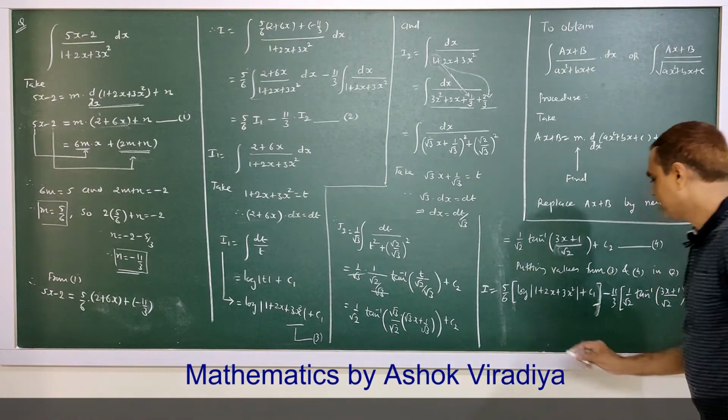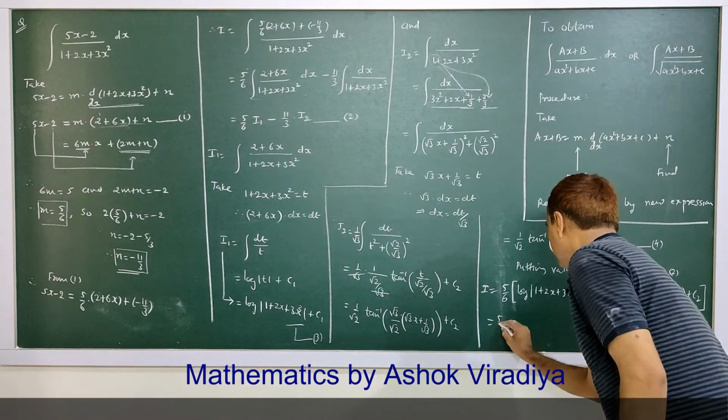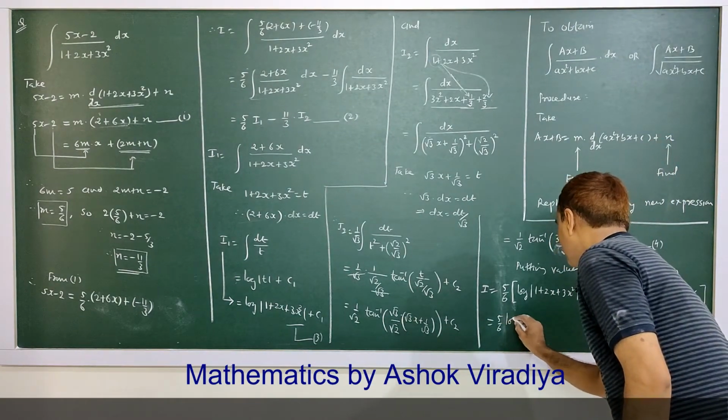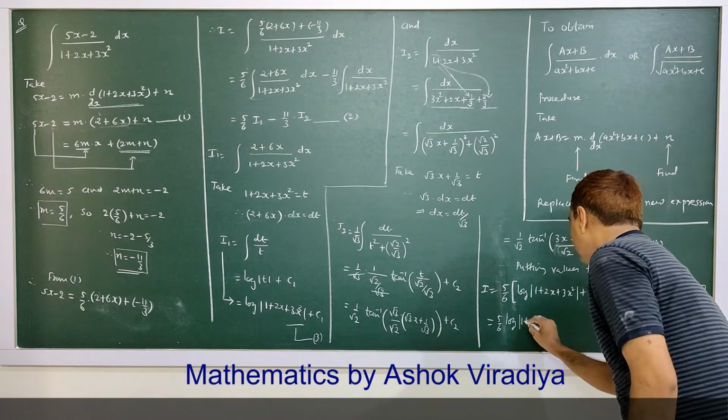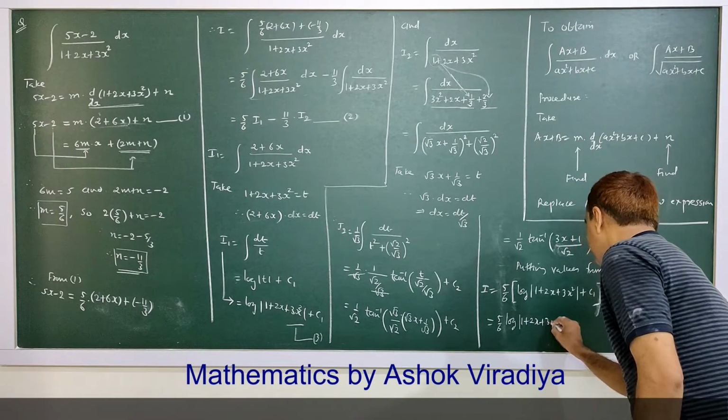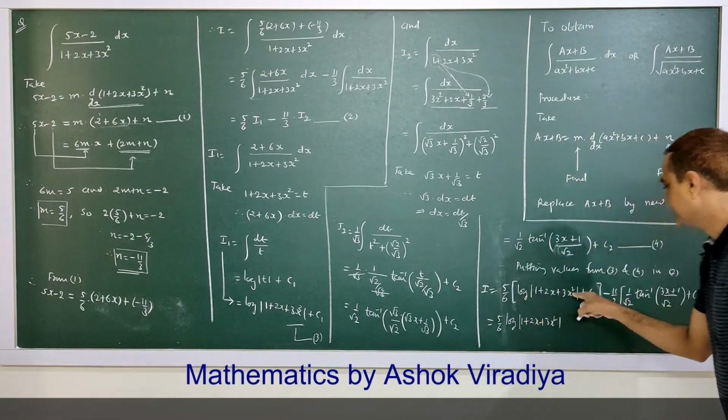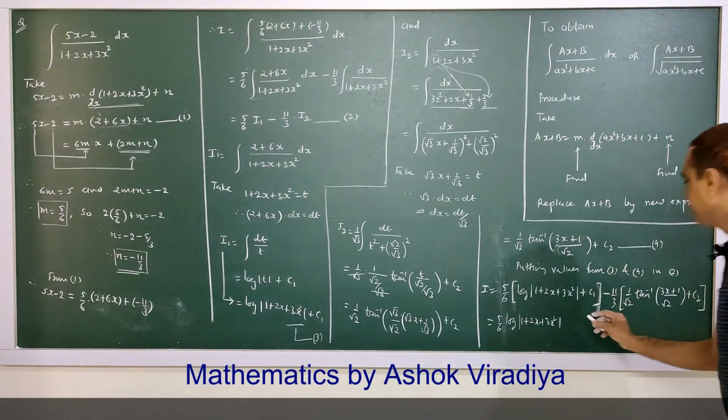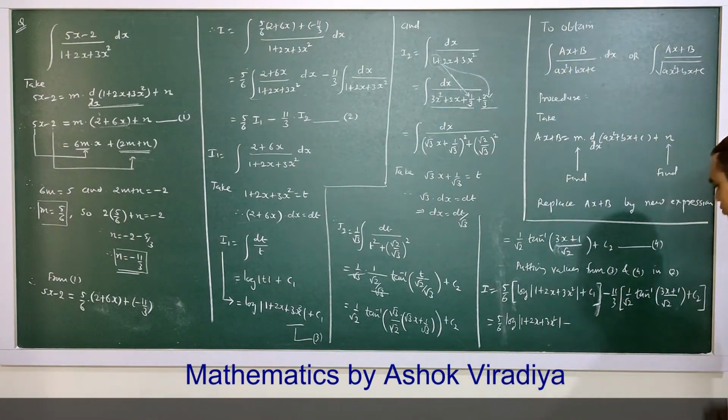So this is equal to 5/6 times log|1 + 2x + 3x²|, 5/6 into this number, minus 11/3 into this number.